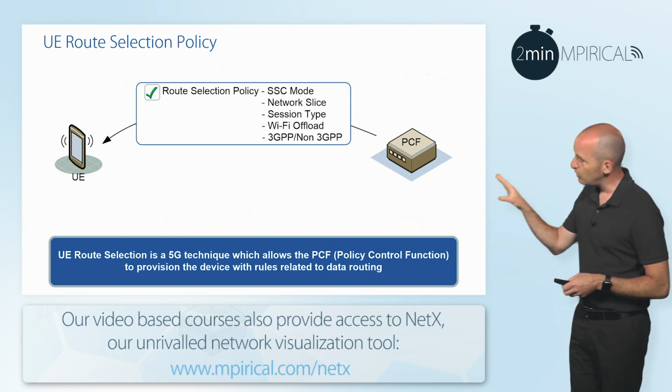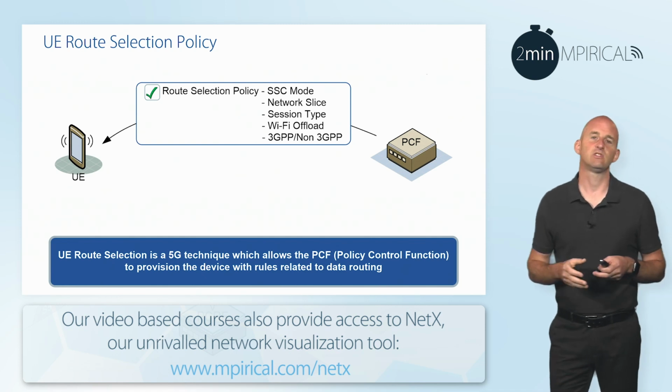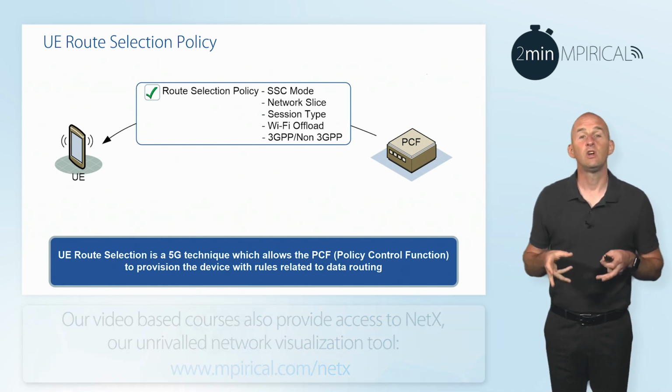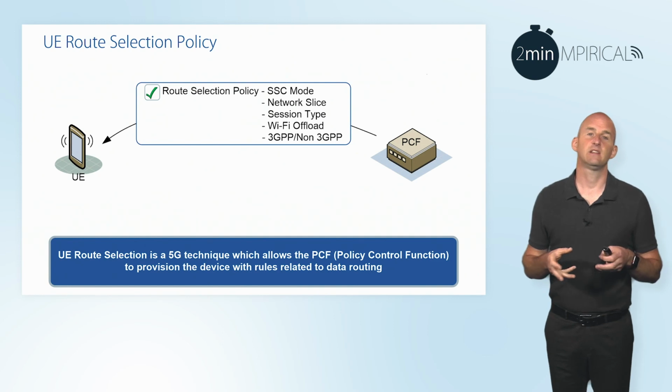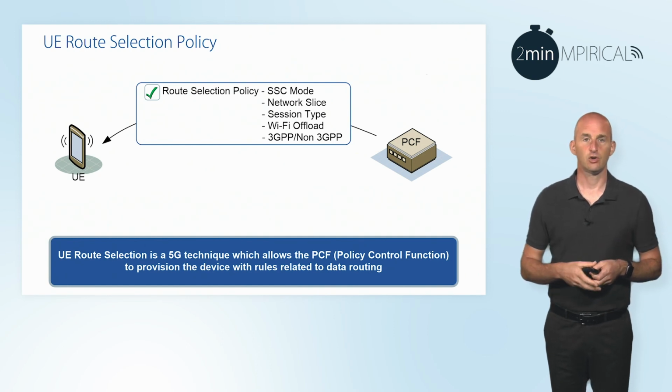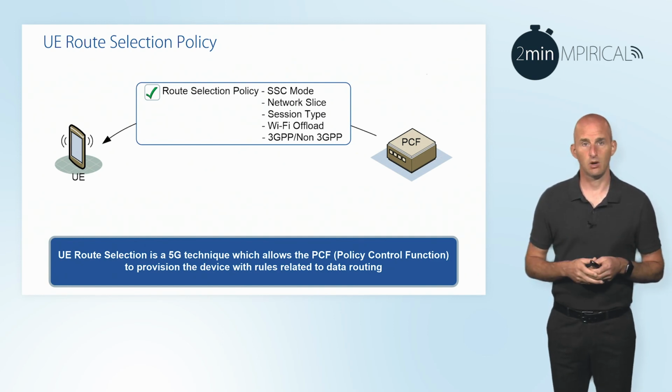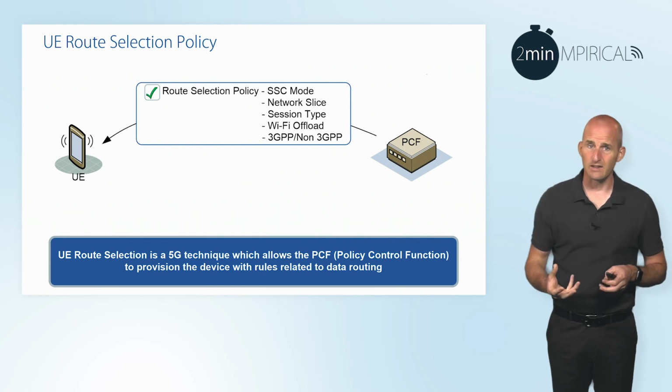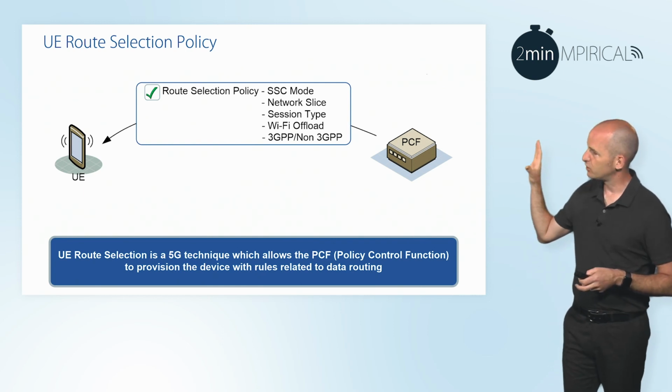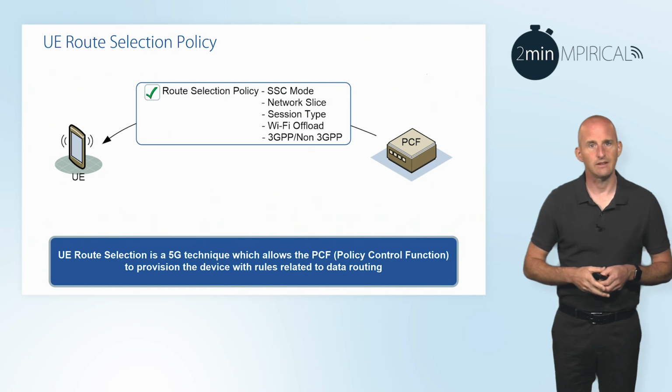Well, if we do have both of those access options available, which one should we use for this particular traffic type? So with UE route selection policy, we are identifying the traffic and then we are instructing the device how to handle that traffic.